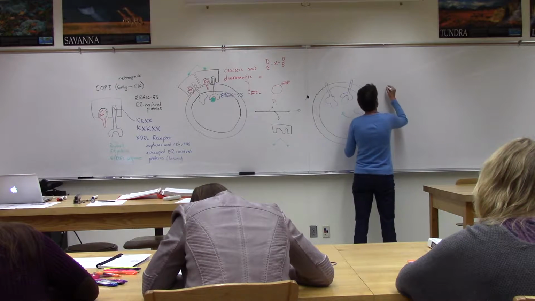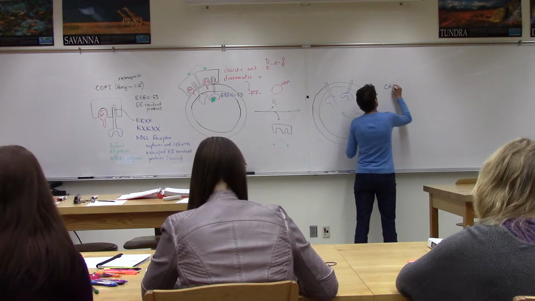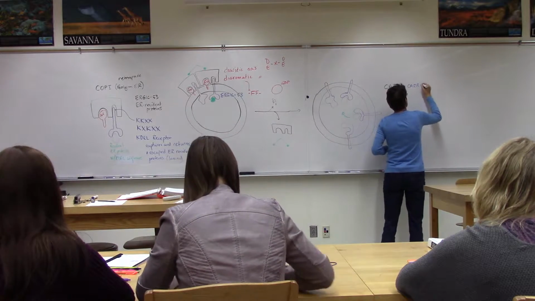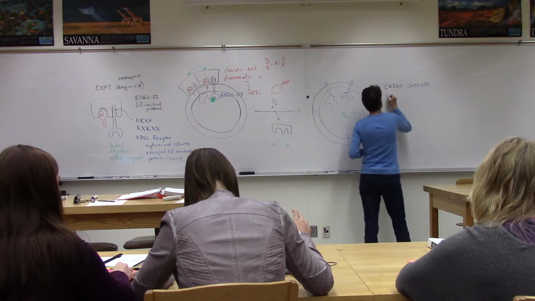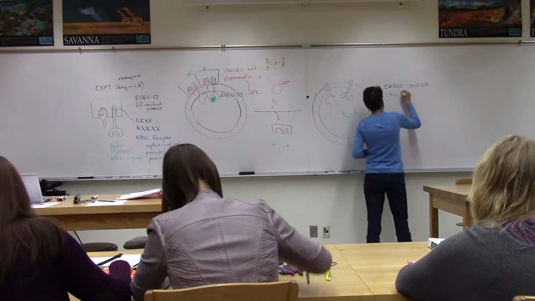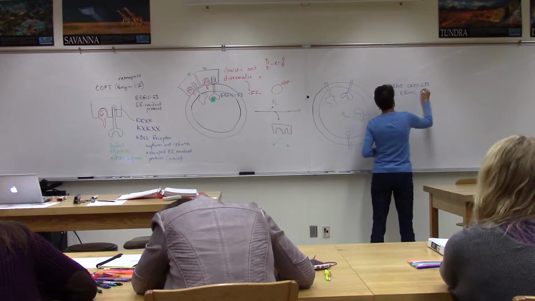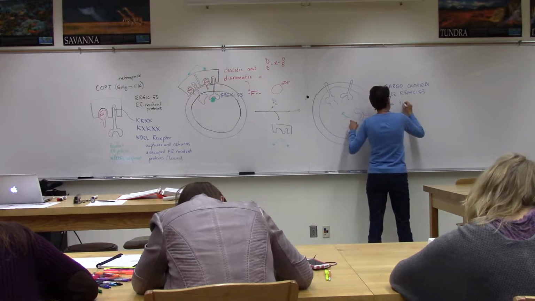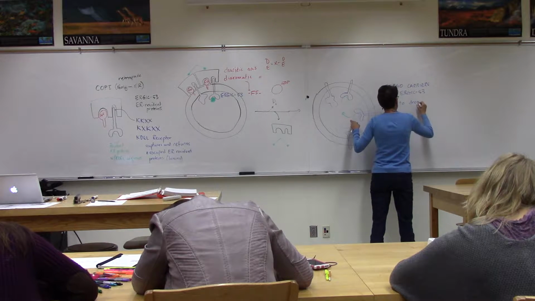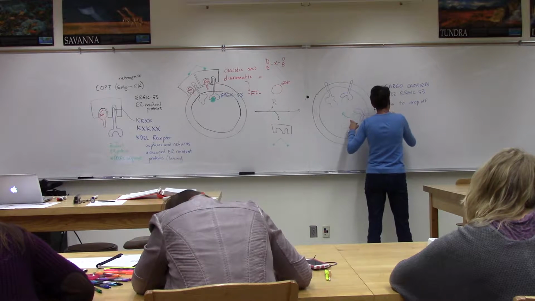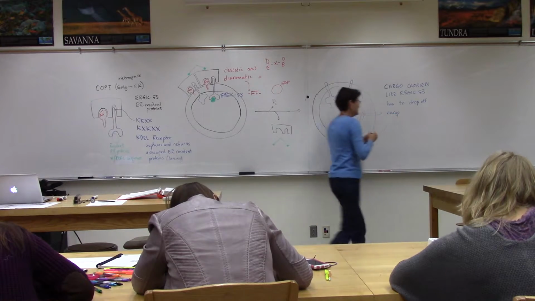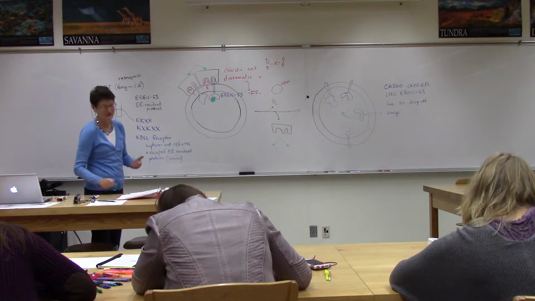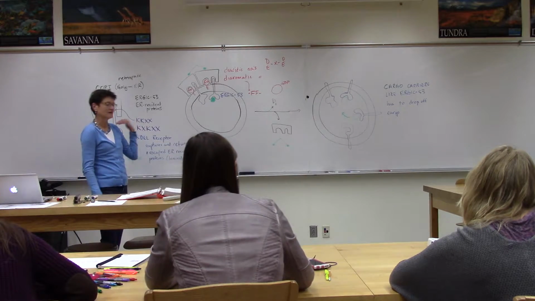So these cargo carriers, like ERGIC 53, have to let go before recycling. It makes absolutely no sense if it's going to do its job and keep returning those proteins back to the Golgi.